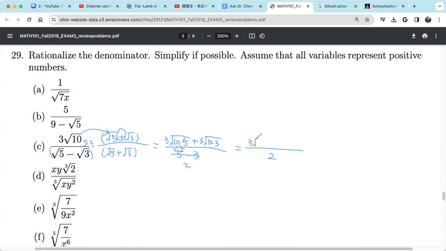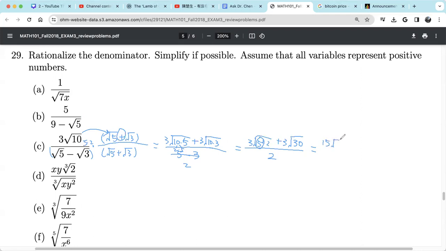So let me write it one more time. I have 3 radical 5 squared times 2 plus 3 times, well, 10 is 2 times 5. So I have 2, 3, 5, right? And so this is 30. It cannot be simplified. But this one can be simplified. 5 square root just becomes 5. 5 times 3, that's 15.